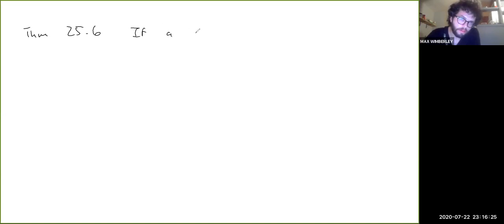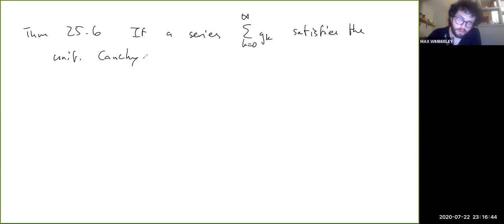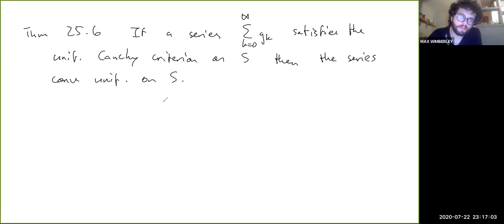If the series sum of g_k from k equals 0 to infinity satisfies the uniform Cauchy criterion on S, then the series converges uniformly on S, right?